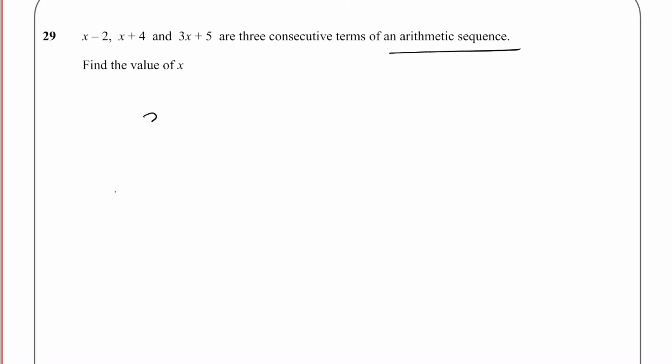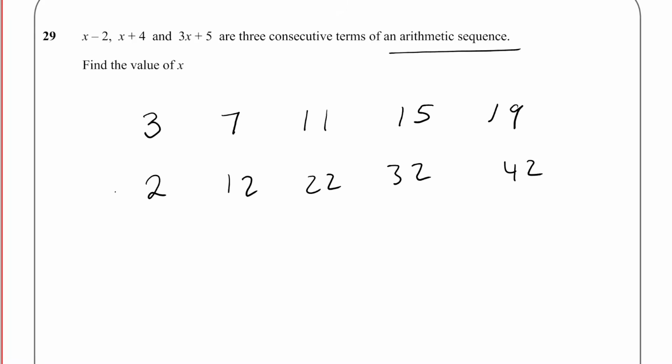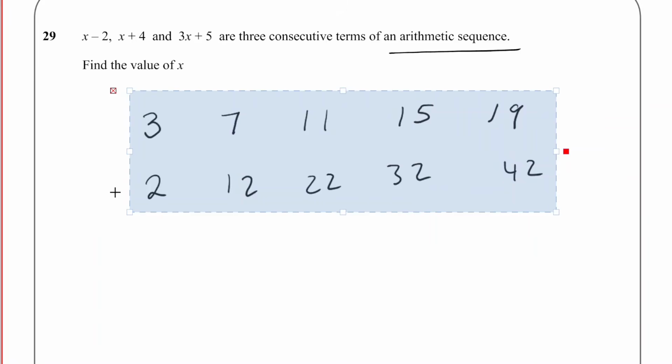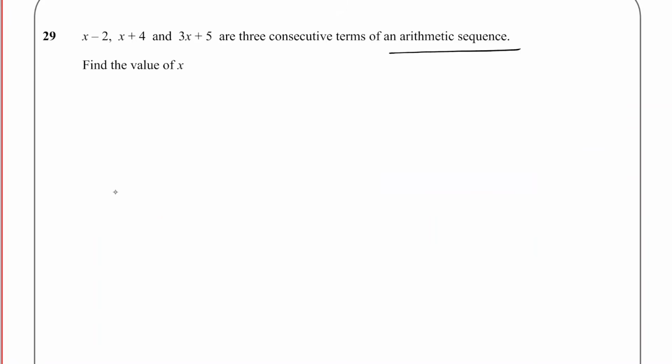So if we had 3, 7, 11, 15, 19, we'd be going up by 4 every time. We could have 2, 12, 22, 32, 42. It's plus 10 every time. So the difference between two terms is always the same. So that's what we're using here.